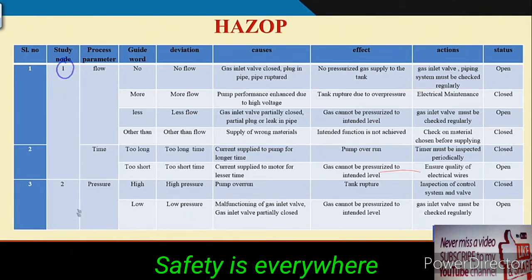We have considered two study nodes. The first study node is where from pump to pressure, that is the base, there is a pipe and there is pump, and rest of the things are like this. So, here one study node is taken. This is the first one, and the second one is this. So, 1 and 2, different study nodes we have taken.